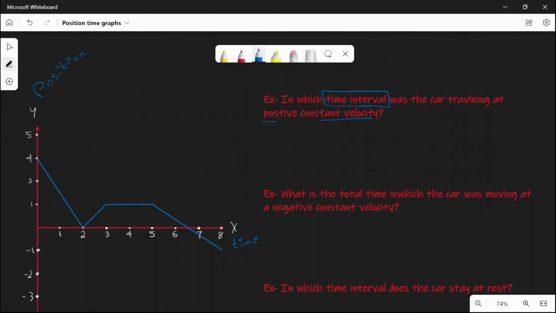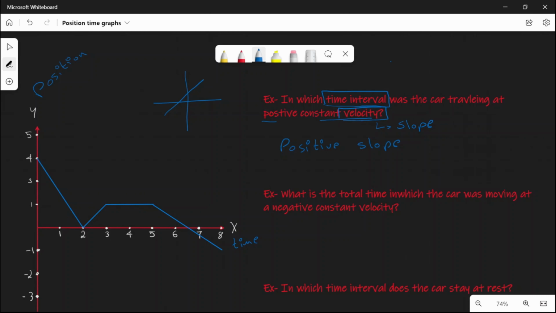We said earlier that velocity in the position time graph is equal to the slope. So in other words, he wants the time interval in which the car traveled in a positive slope.